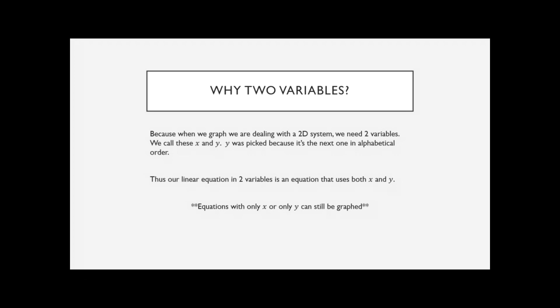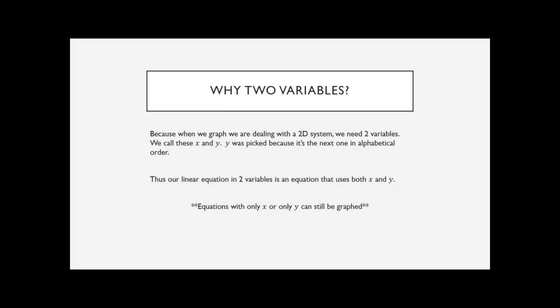We already were using x, and y is just the next letter in the alphabet, so that's why our variables are x and y. We need two variables in order to graph, hence linear equations in two variables. If you have a linear equation in two variables, when you graph it, you get a line.